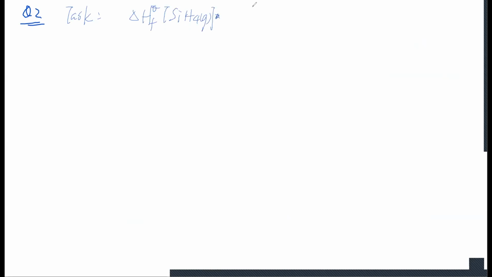It is silicon, 2 hydrogen to form SiH4. So this is the task, right?